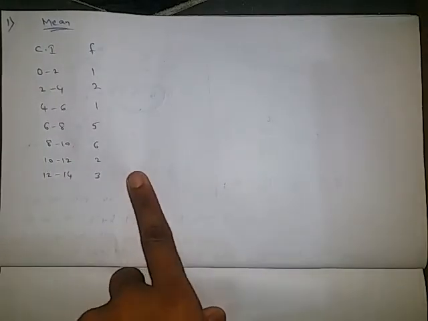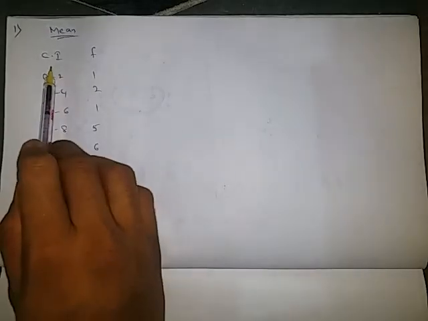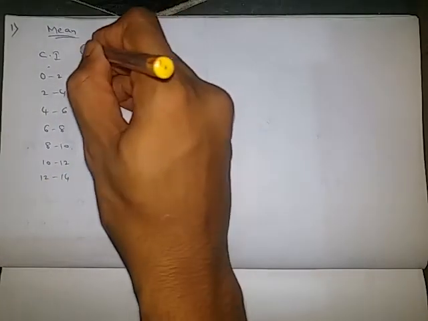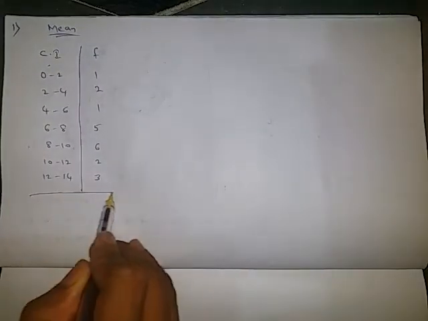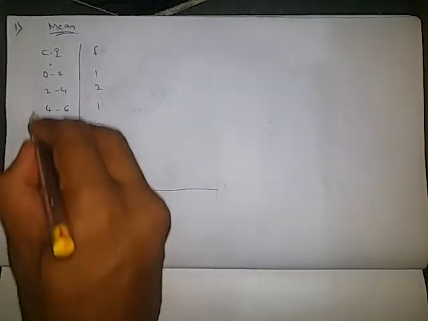Those are direct method, assumed mean method and step deviation method. So first let us solve this problem by direct method. In the question itself they will give class intervals as well as frequencies. That question as it is you need to write column-wise.